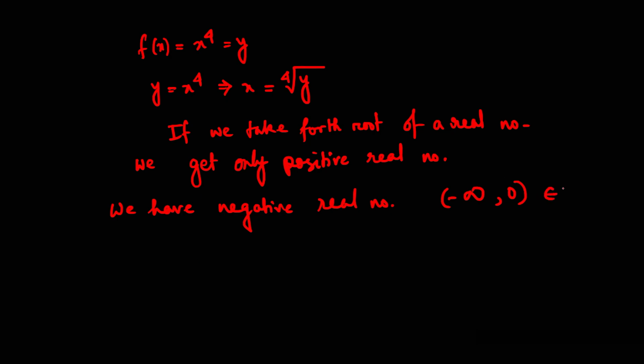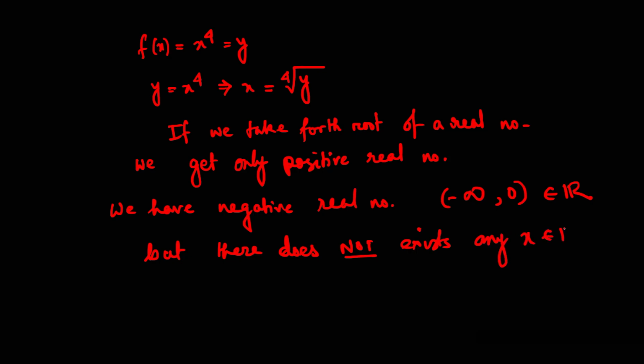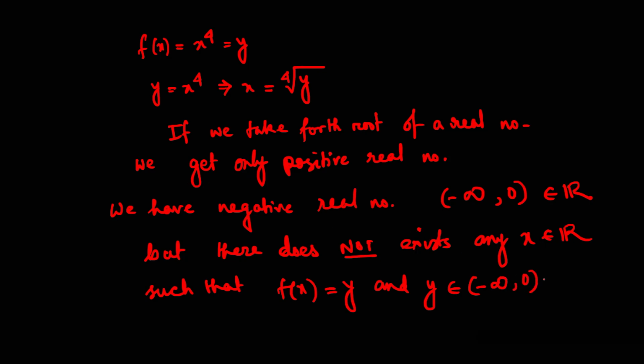These are real numbers, this belongs to R, but there does not exist any x belonging to R such that f(x) equal to y, where y belongs to minus infinity to 0. So what does it mean?